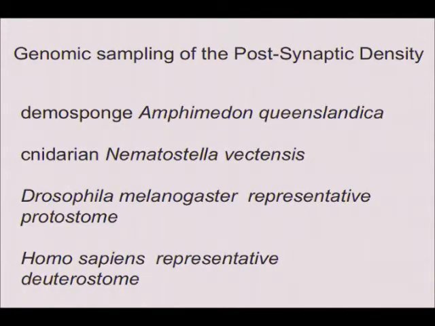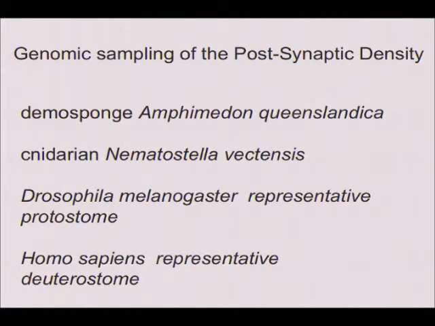Okay, so now what we did with that introduction was to sample when these studies started. I'll talk about more data as the talk goes on, but we started with a rather sparse but broad sampling of the animal kingdom, looking at these different species: the sponge, for which we now have a genome, Amphimedon queenslandica; a cnidarian, Nematostella, for which we have a genome; Drosophila; and humans.